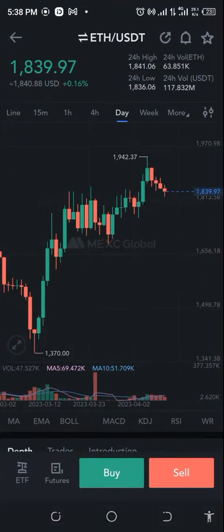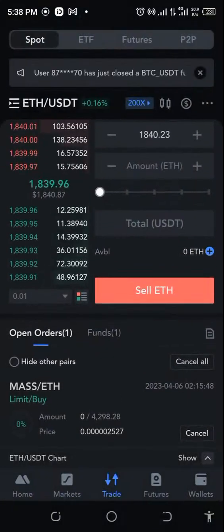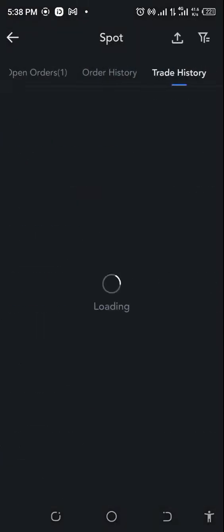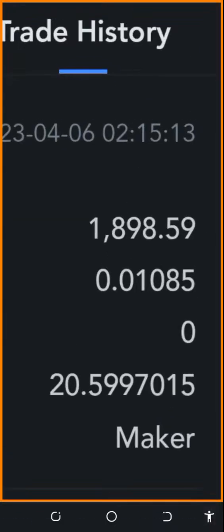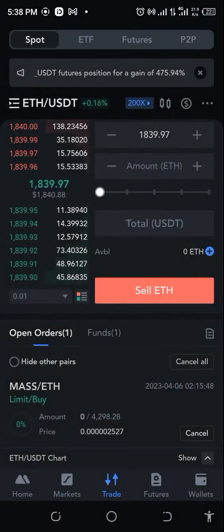So because of that, I bought ETH for 1,898, almost like 1,899, as you can see here. So right now the value of ETH has gone down.